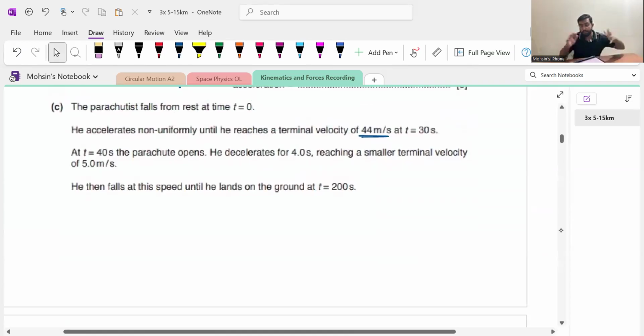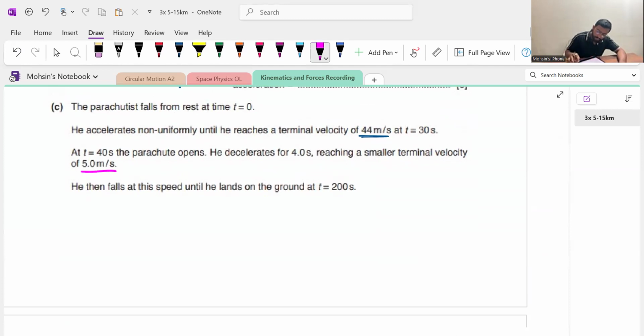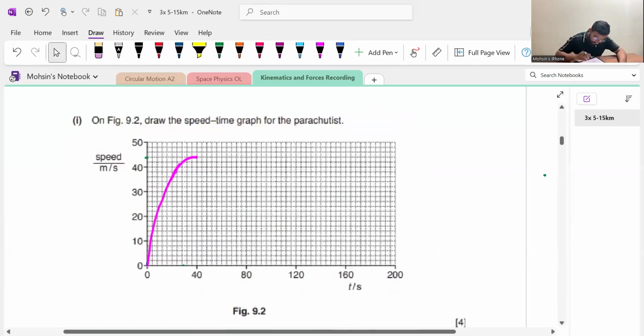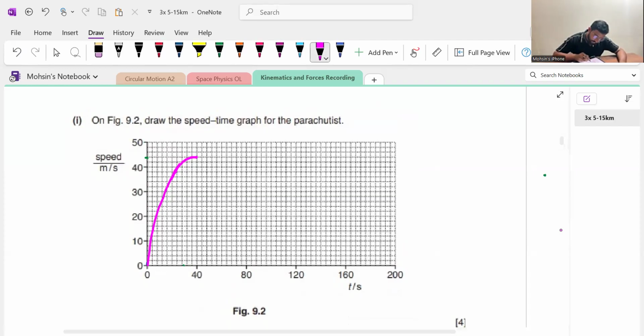The parachute will cause a deceleration, a sudden decrease in speed for 4 seconds. Then it reaches a smaller terminal speed of 5. So where is 5 here? 5 is in between, after 4 seconds. So from 40 to 4 is 44 at this point.